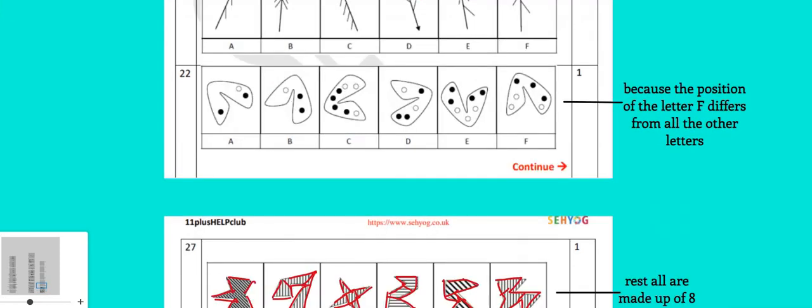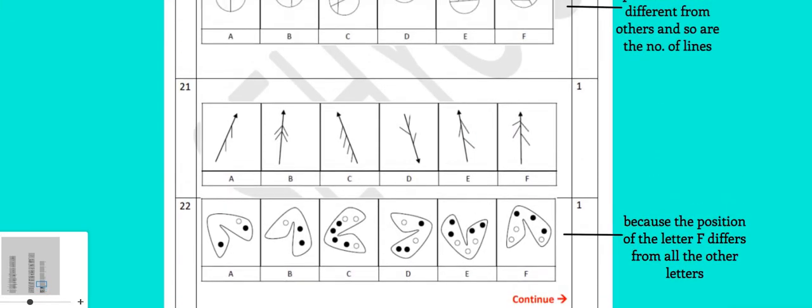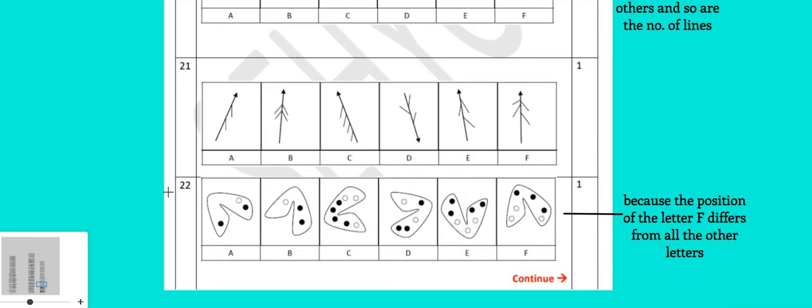Moving on to our next example, that is example number 22. In this one, it might be a bit confusing, this figure right here. It may take a little bit of time for y'all to guess the answer, but if you give it a careful look, it might be easier. Why?